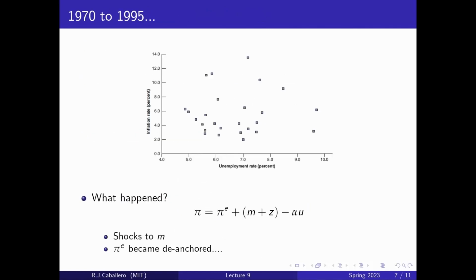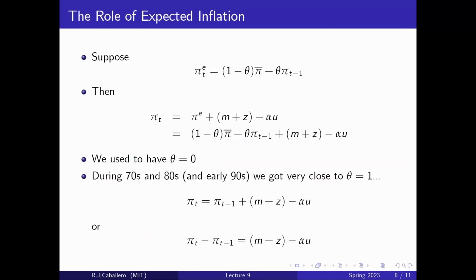And then I said, but in the 70s, the whole thing broke loose. There was nothing like a downward sloping curve here. That happened for two reasons. There were some cost push shocks. But more interestingly, expected inflation became de-anchored. And then we changed the expected inflation model, rather than being a constant, to being a weighted average like this.